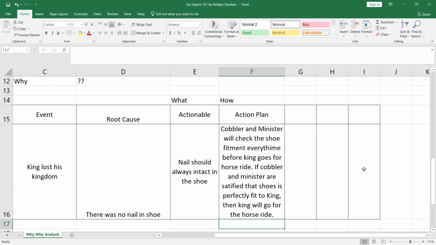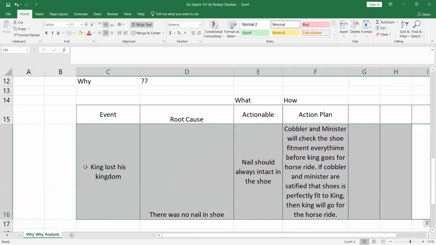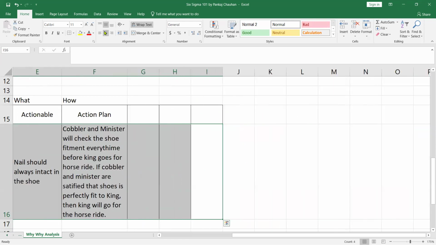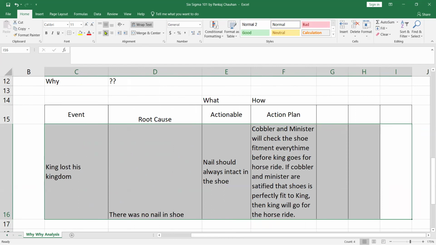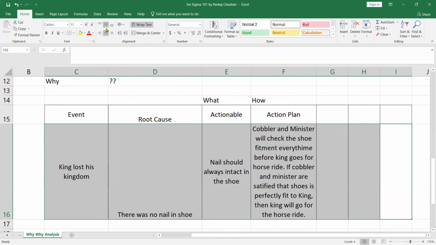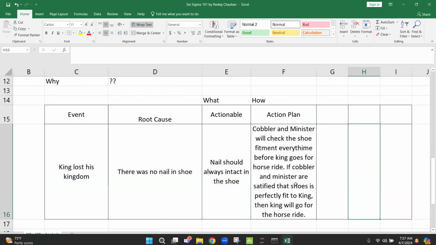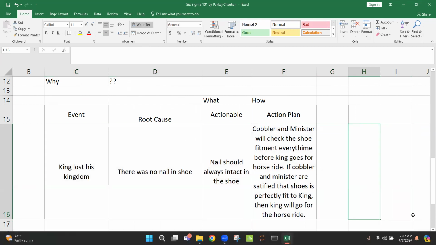This will be my detailed action plan. So I am giving the responsibility to the cobbler and the king's minister that both of them will check the shoe fitment every time whenever the king will go for a horse ride.